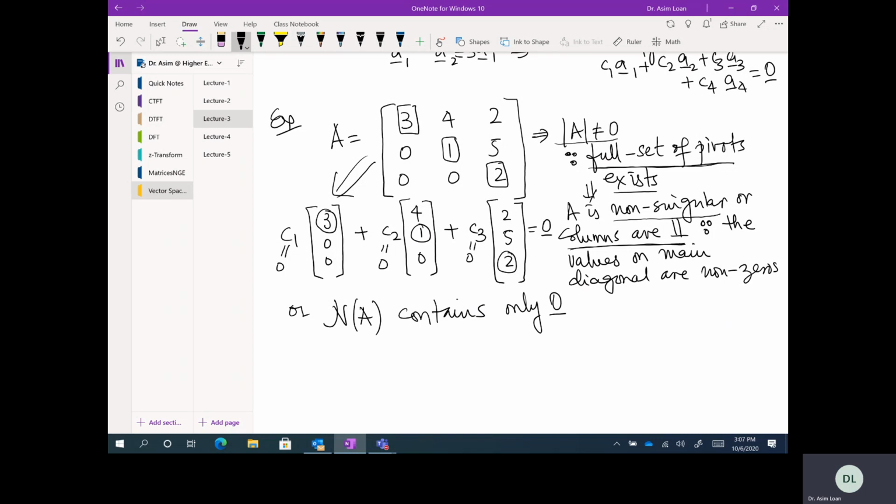Why? Since a full set of pivots exists, this is of maximum rank. If this is maximum rank, obviously the number of free variables is 0, so the null space contains only 0.